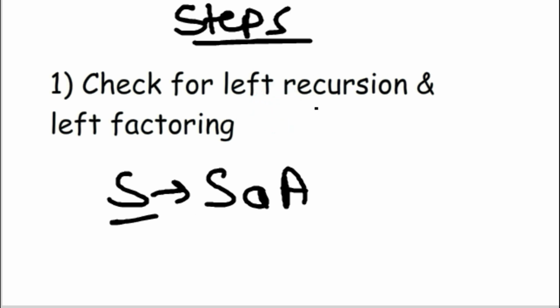It will keep on recursively calling itself. So this is left recursion, and we cannot do LL parsing on a grammar with left recursion. So we will have to eliminate left recursion first, then we can go ahead.